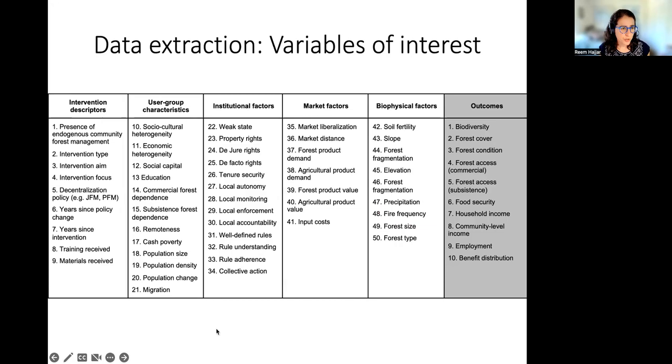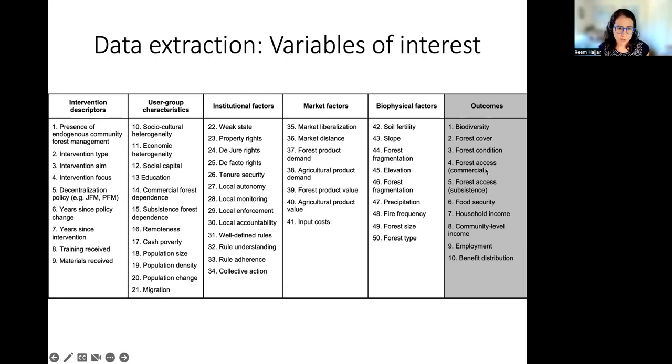And from that literature, we extracted data from all those studies on 50 different factors or variables of interest, including these contextual factors, as well as outcome variables that were grouped eventually into three main categories.